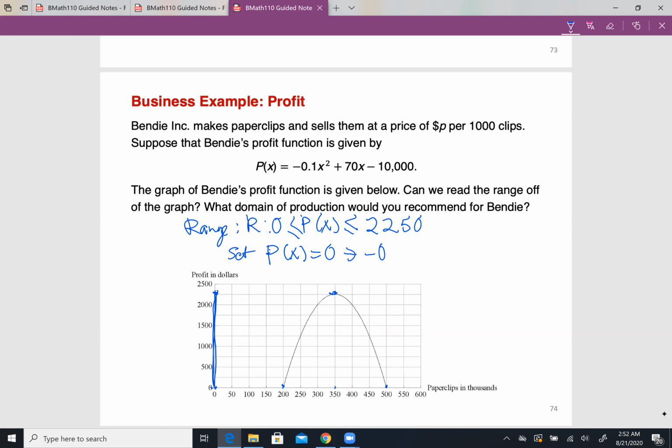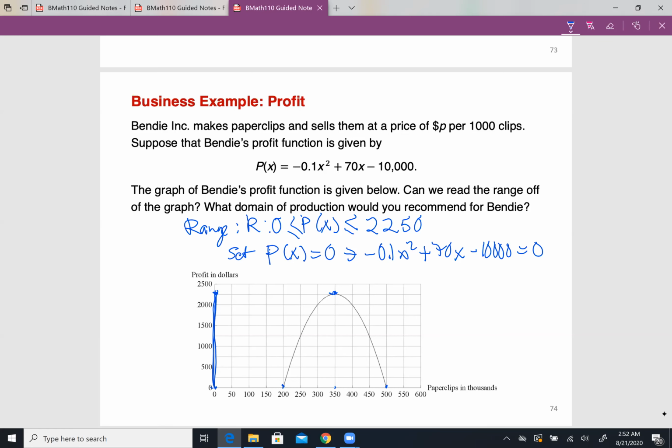Then I have negative 0.1x squared plus 70x minus 10,000 equals 0. I have to multiply both sides by negative 10.